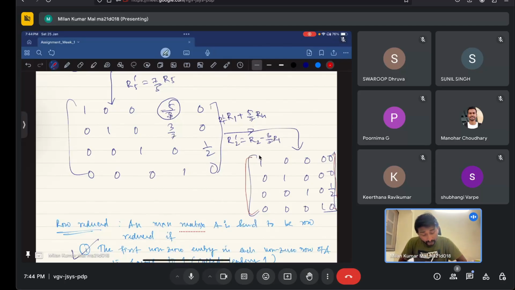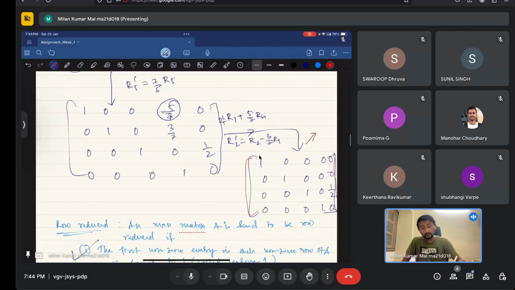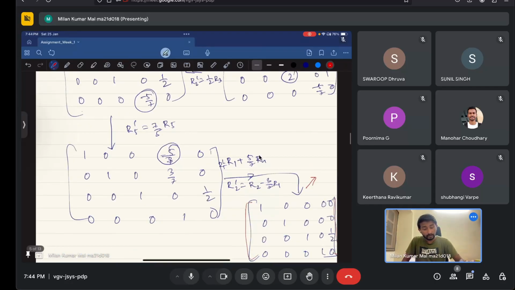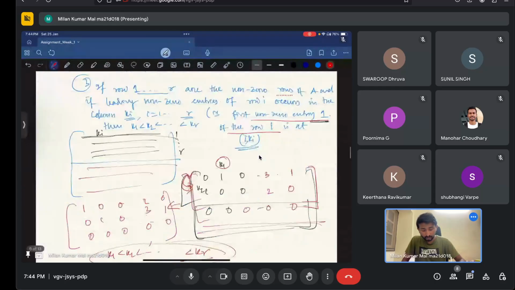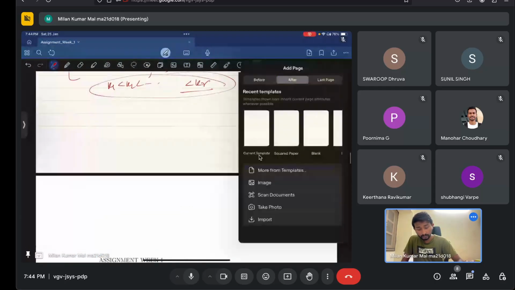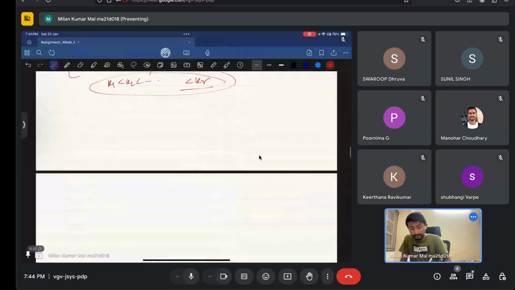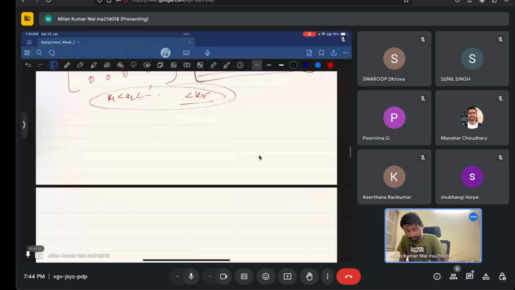So what is the advantage of row reduced echelon form? For example, I will write here. Suppose this is the matrix, a row reduced echelon matrix.